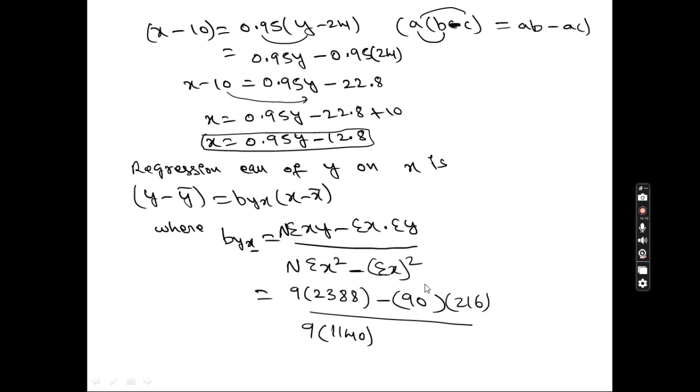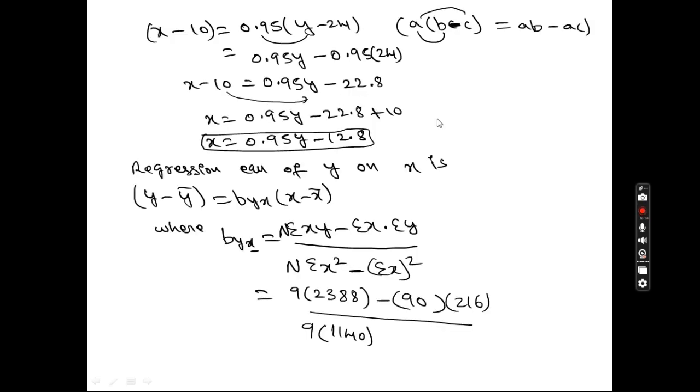Just wait, I am taking the pen option. So now what I will write here, into summation x square, I will write 90 whole square.